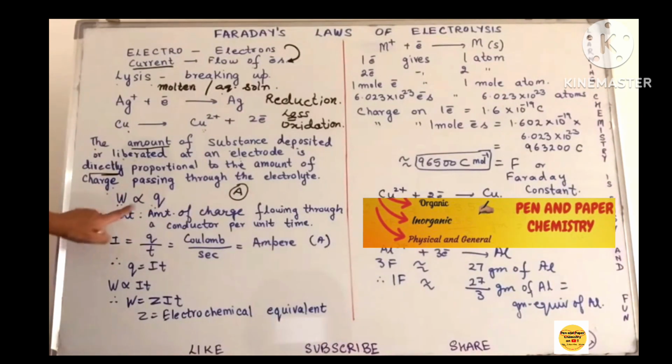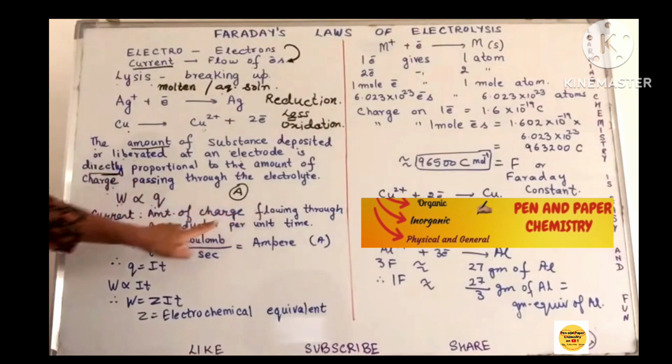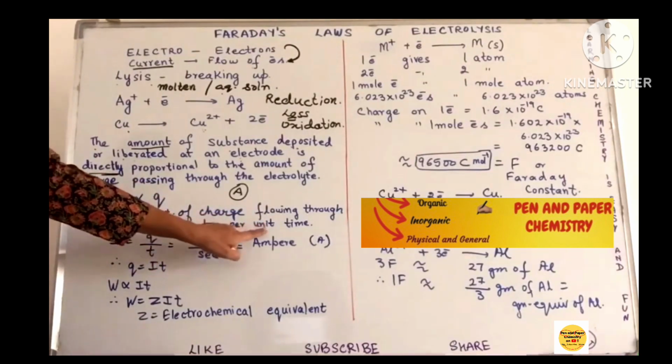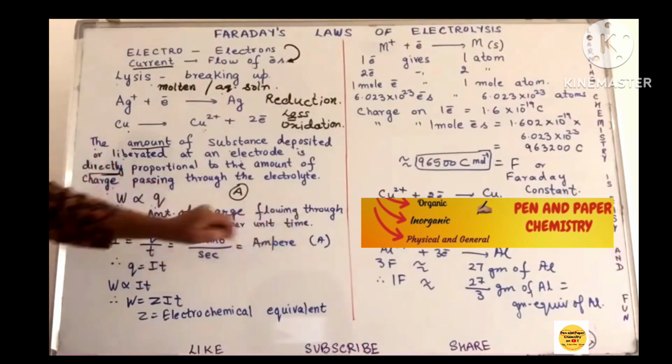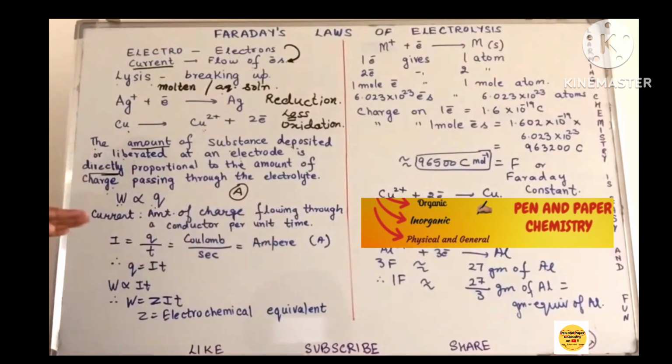We know that current is the amount of charge flowing through a conductor per unit time. Per unit time means we are talking about time in seconds because that's the standard unit that we use. I is the representation of current, so I is Q upon T. Q is the amount of charge, T is the time interval.